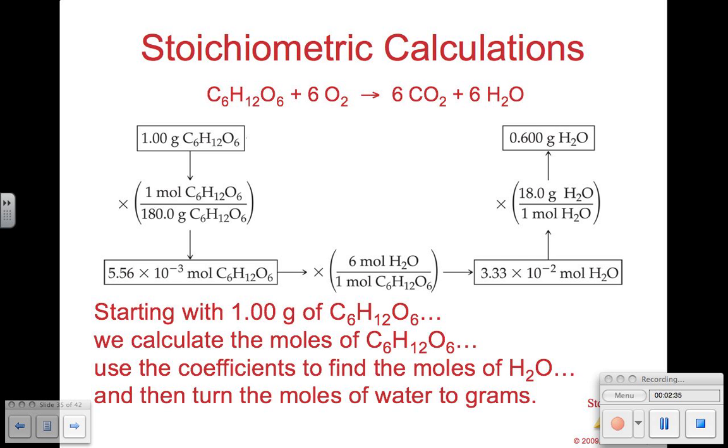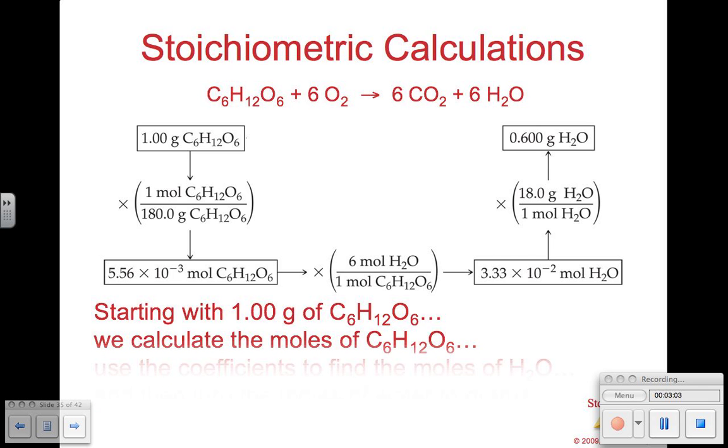I don't necessarily like it with the arrows, but if that works for you, you can use it that way. And then the ratio between the glucose and the water is a 1:6 ratio because you have that balanced equation there. So we're going to use the different coefficients, the 6 and the 1, to convert from moles of glucose to moles of water. And then the last step is to get it back into grams of water. That's the final answer that we're looking for.